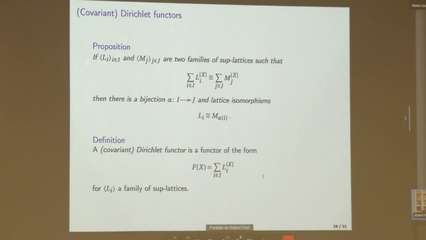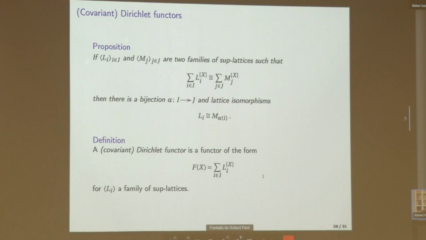There are already some definitions of Dirichlet functors in the literature. This is different from them. So if I take two families of sup lattices, such that the functors that they define by taking the sum of the normalized powers are isomorphic, then there's a bijection on the indexing sets, and there's an isomorphism between the lattices.